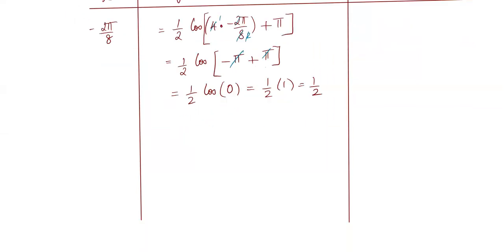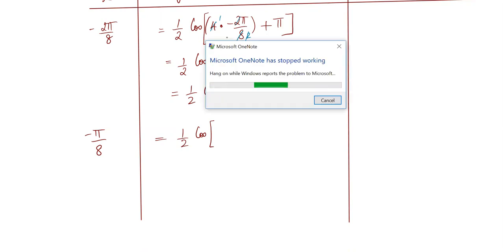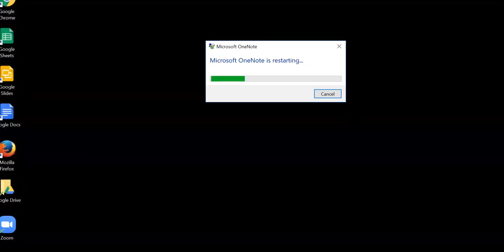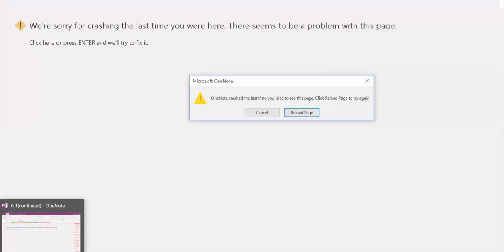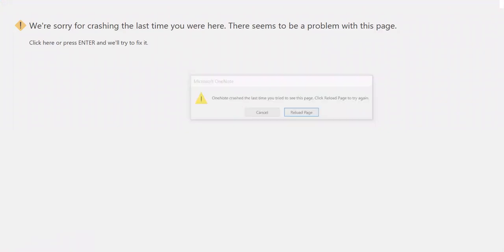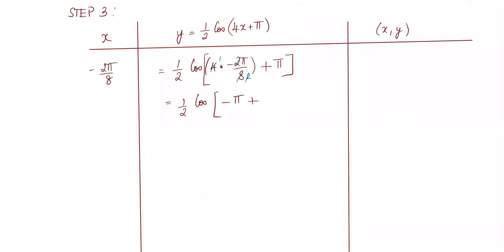Okay. Next one is negative pi over 8, which is half cosine. Remember I told you about the 4 canceling with the 8. That's the pattern that's going to happen every time because I'm keeping it as 8. Oh, oops, I'm losing one note. Oh, good. Well, we did lose a few steps here. Not so bad. Cosine 0, and that was half.